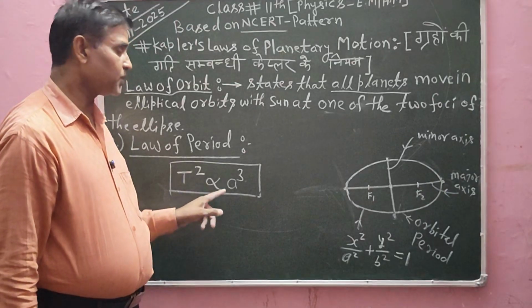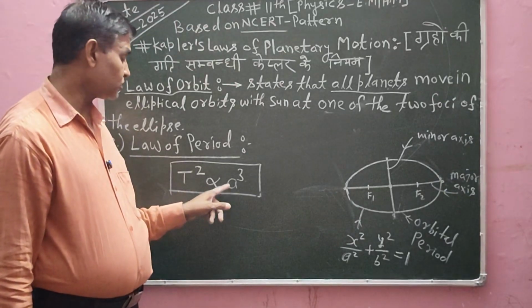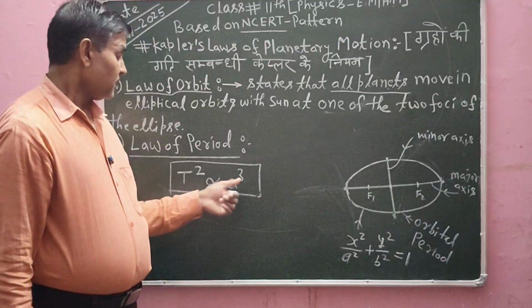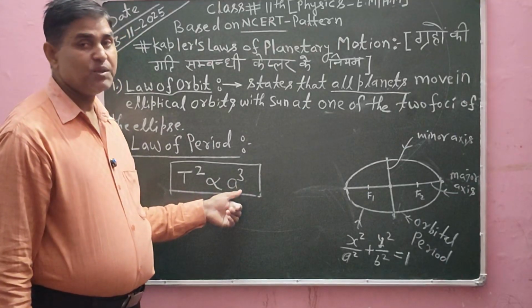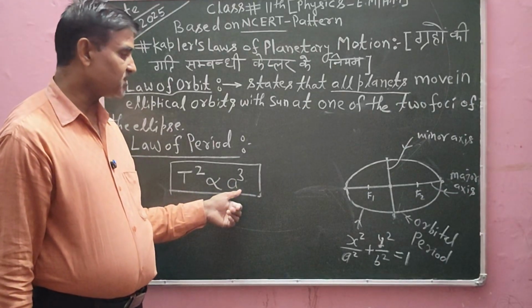The square of the period is directly proportional to the cube of the semi-major axis.